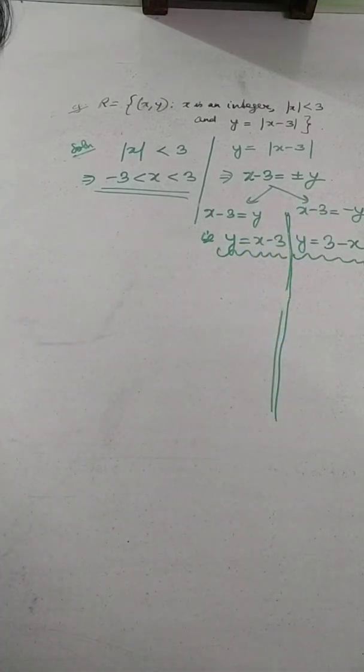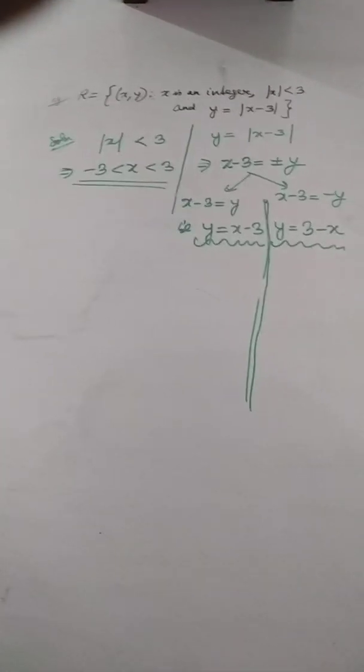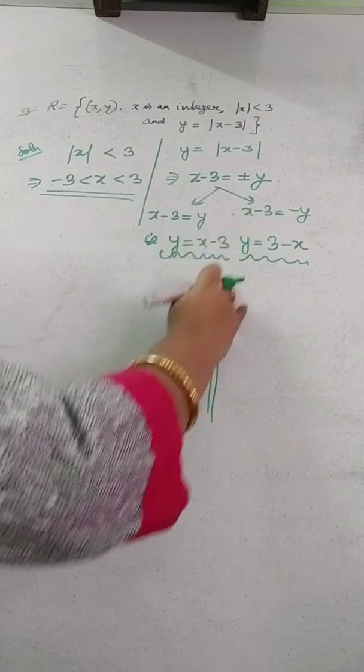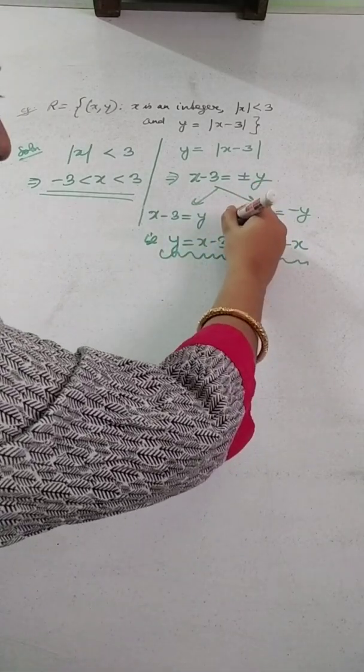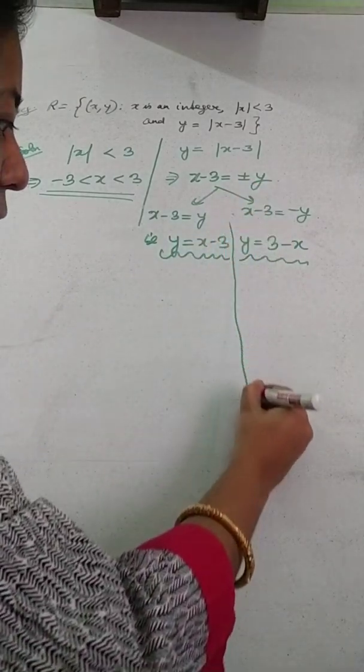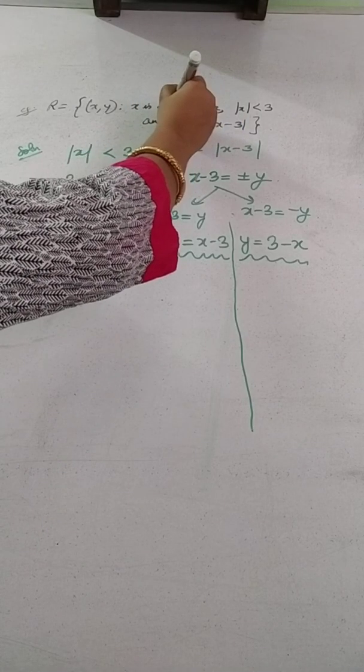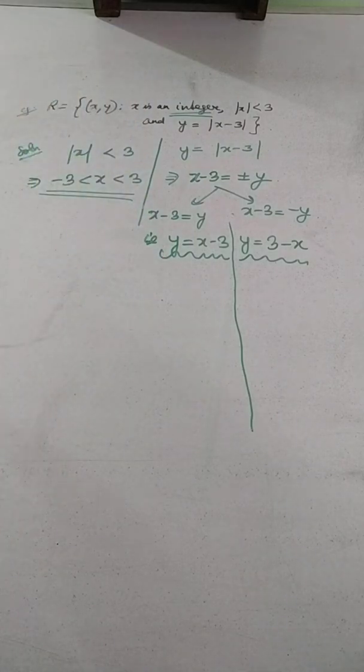Okay, so I'll draw a double line in between. It's a little crooked, can you see? I don't think you can see. Now I think it's alright. This line is crooked, I'll try to make it straight as far as possible. Okay, so let us choose the values of x. X is an integer they are saying, so I can take integer values fortunately.